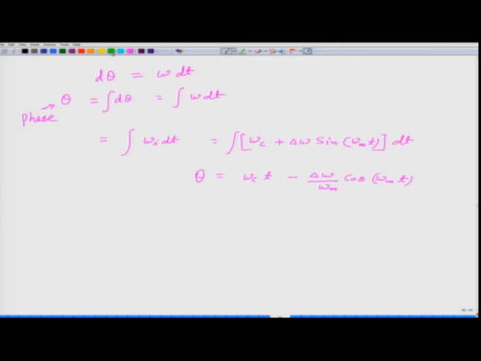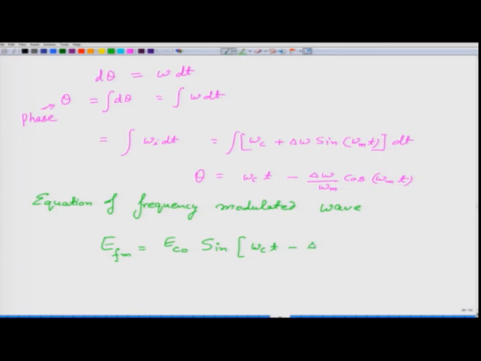So, the equation of the frequency modulated wave becomes E_fm = E_c0, the amplitude of the carrier wave does not change, sin(omega_c t minus delta omega over omega_m cos(omega_m t)). So, this is the mathematical representation of the frequency modulated wave.